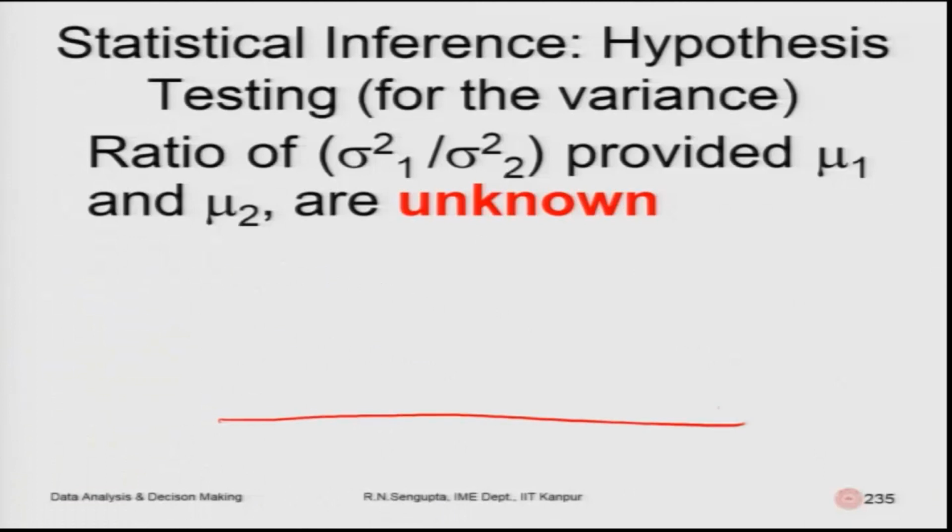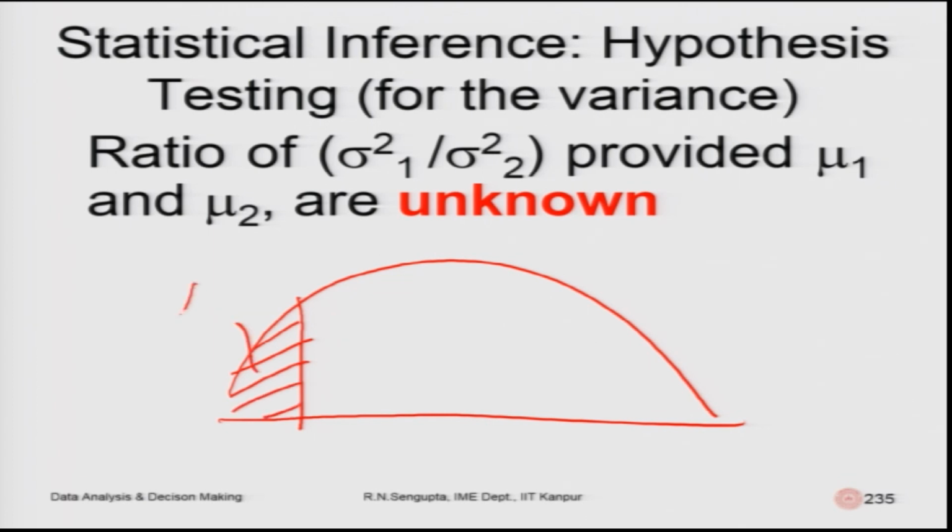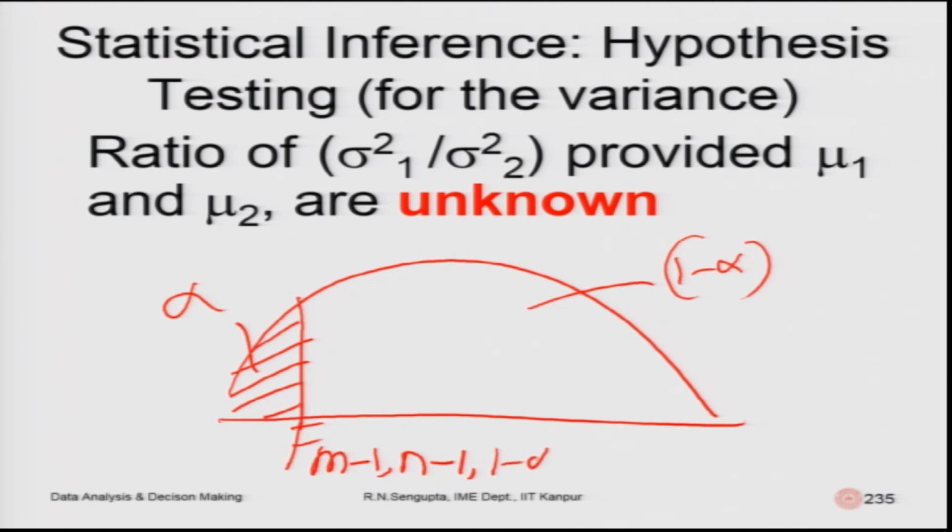In the first case, for the f distribution, this is alpha, this is 1 minus alpha, this would be f m minus 1, n minus 1, the first degree being lost in the first population. Sorry, we actually have two values, my mistake.